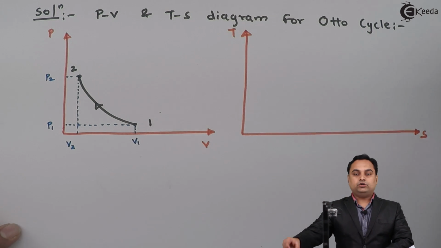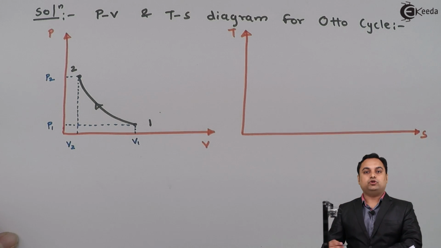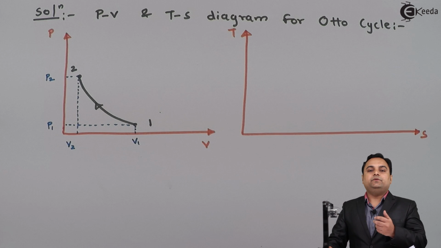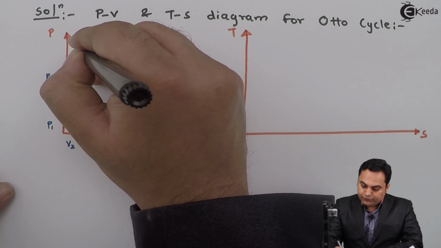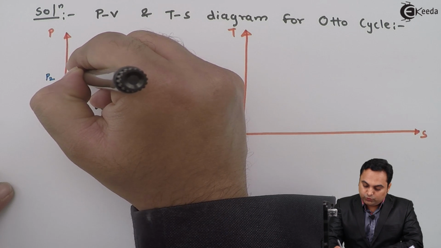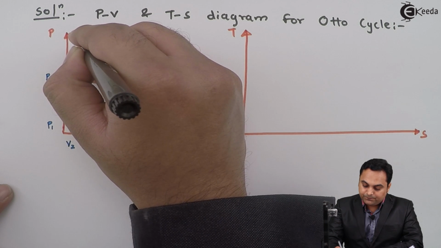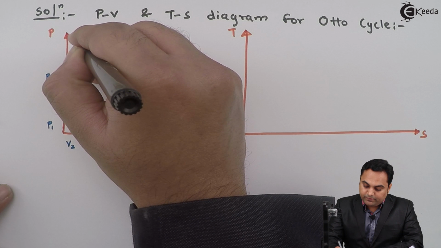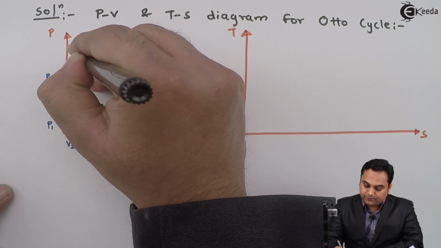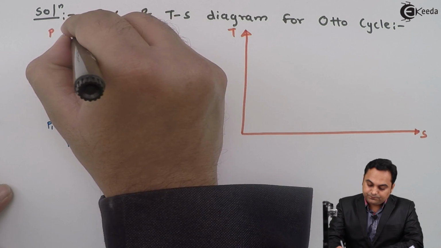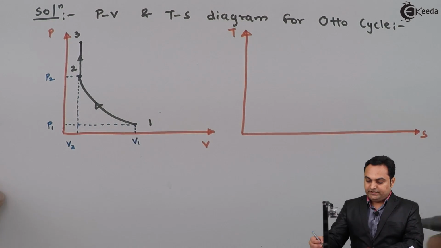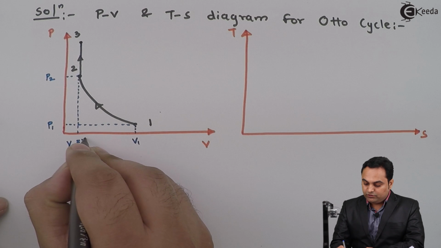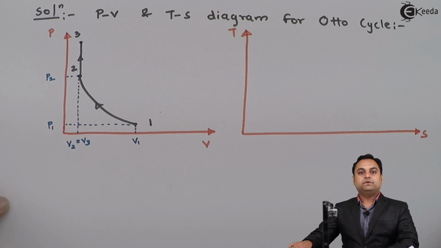Next, since Otto cycle is also called constant volume cycle, the heat will be added at constant volume. So here from point 2 the heat addition will start, and it will be added at constant volume up to point number 3. So this is the constant volume heat addition. So I can say volume at 2 is equal to volume at point 3.